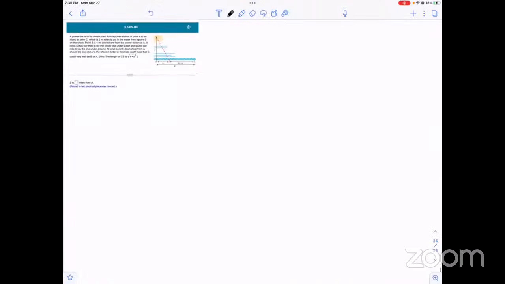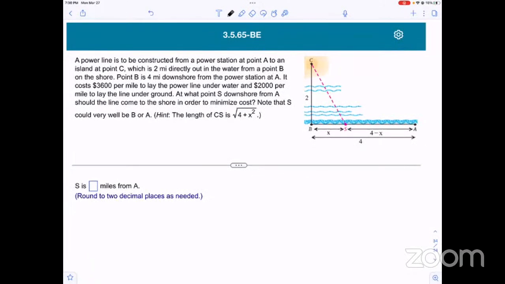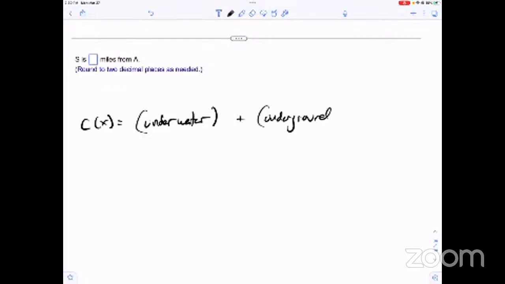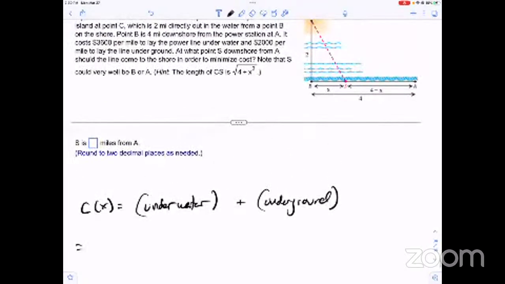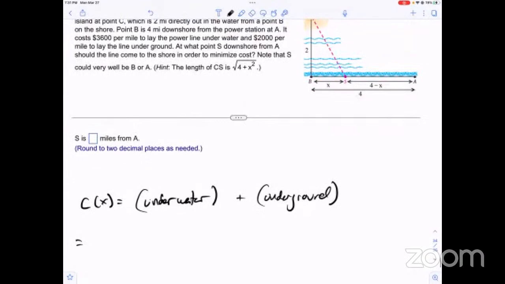Now, when we go to write this cost function, you have the part that's underwater plus the part that's underground. If we focus on the part that's underwater, that's the red line, CS. They gave us that one, so we're just going to use it for the sake of simplicity. Since they gave it to us, it's the square root of 4 plus X squared.